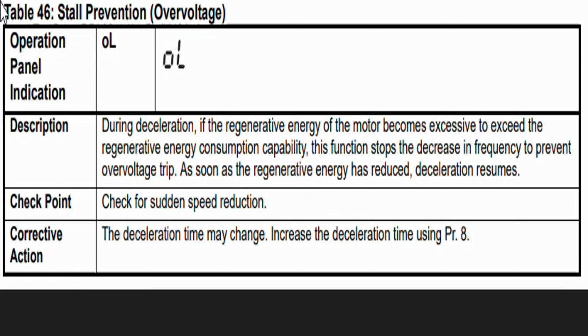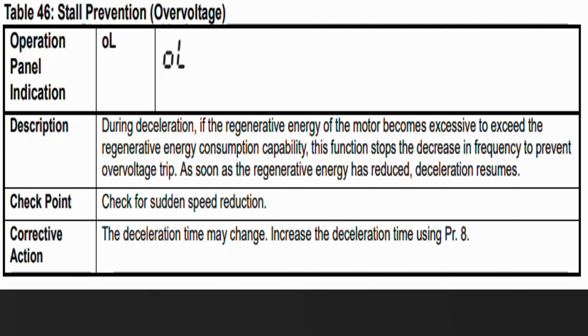As soon as the regenerative energy has reduced, deceleration resumes. So this is the basic problem when we do the immediate stop. At that time, when we do the immediate stop, this over voltage error occurs.